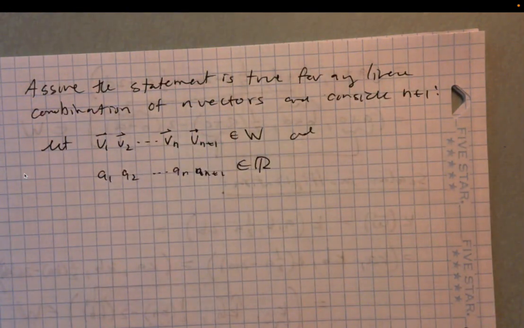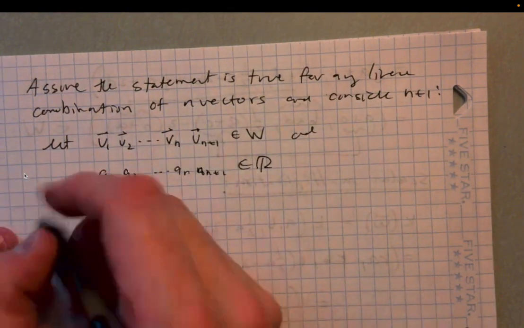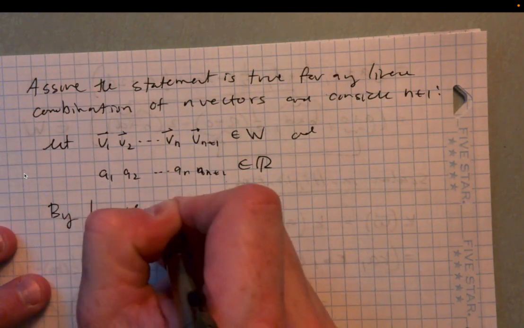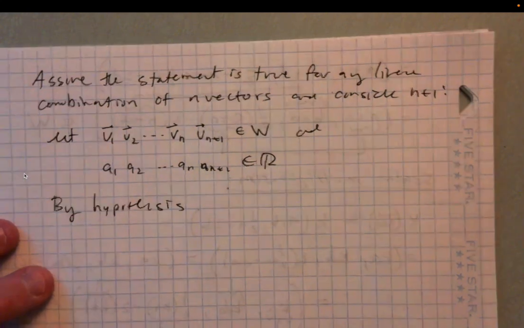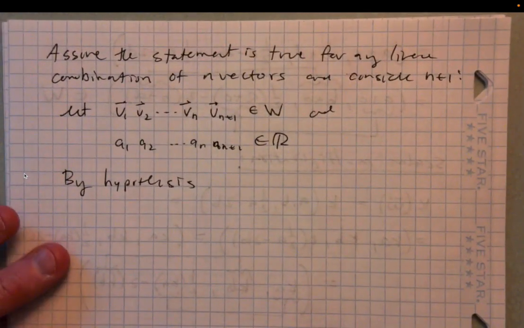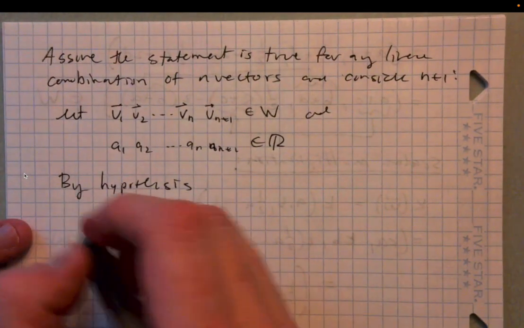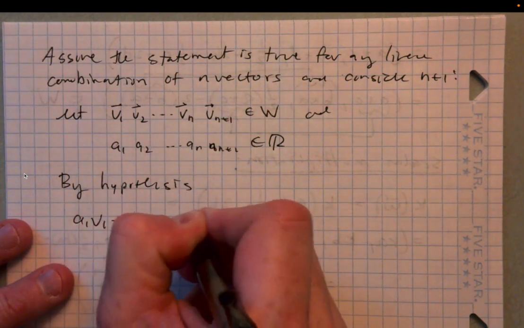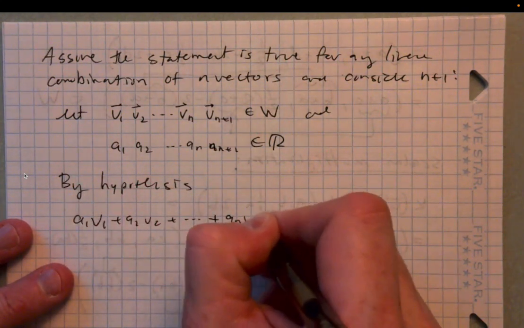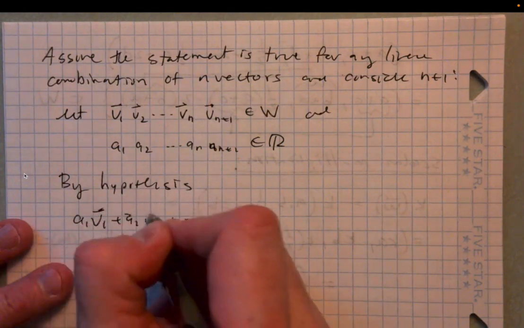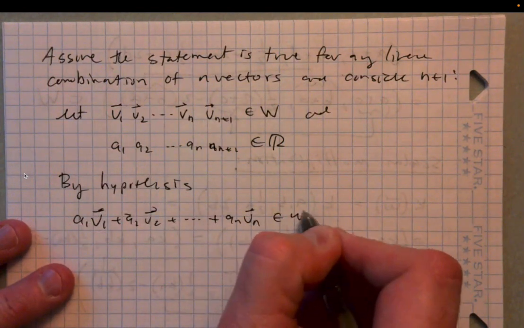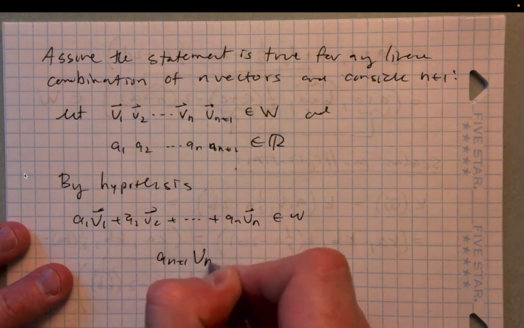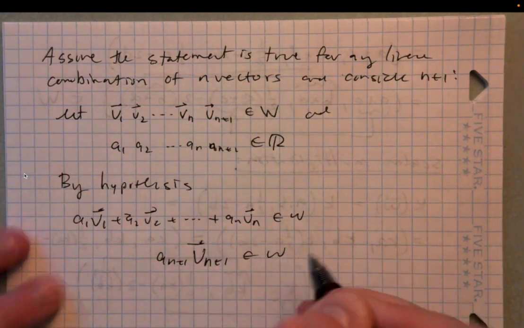By our induction hypothesis, we get closure for the first n. So A1 V1 plus A2 V2 plus dot dot dot plus An Vn is in W. And we also know that An plus 1 Vn plus 1 is in W.